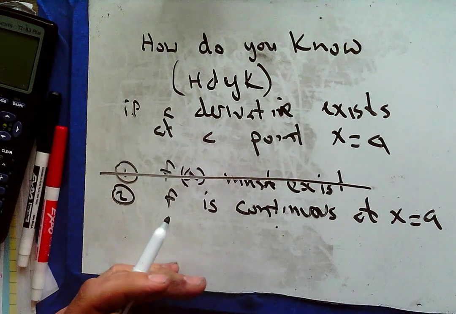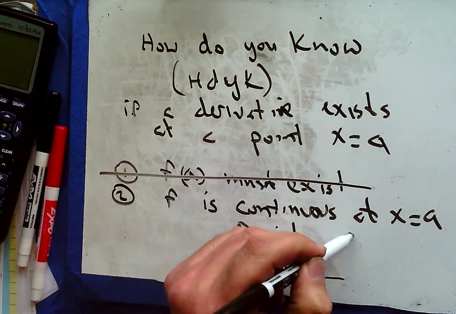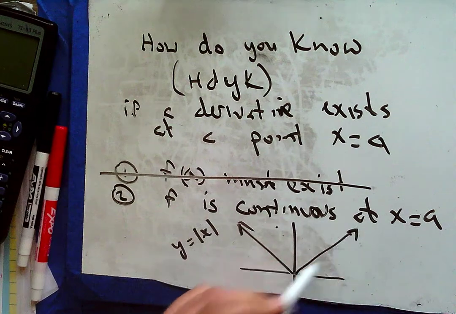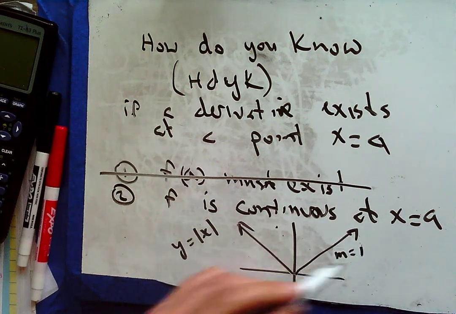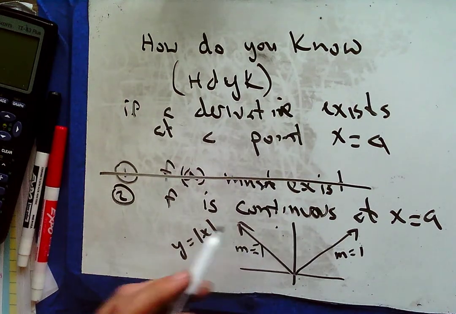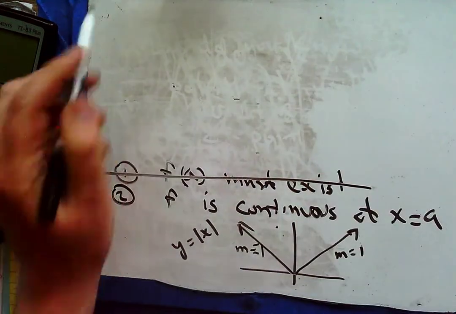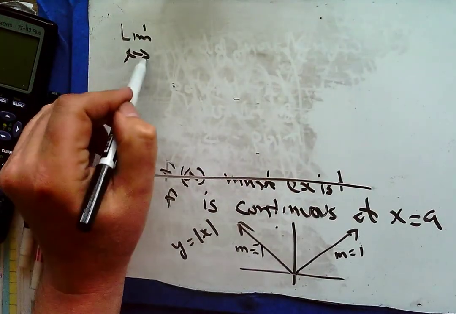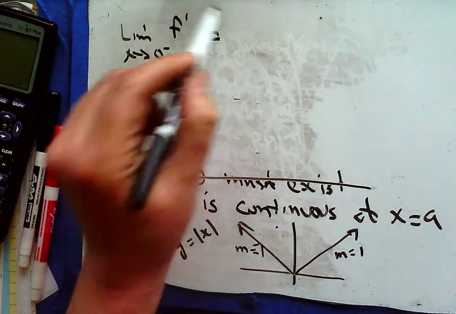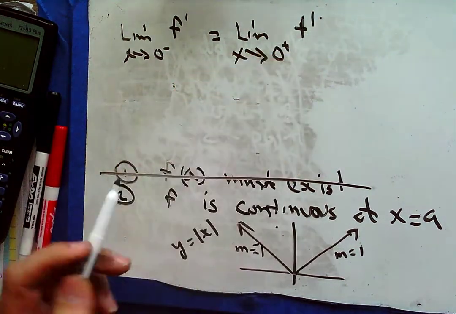But just because the function is continuous at a point, for example, let's consider y equals absolute value of x. What's the slope over here? Well, that's a slope of 1. What's the slope over here? That's a slope of negative 1. And what can we say about the limit as x approaches 0 from the negative side of f prime compared to the limit as x approaches 0 from the positive side of f prime?